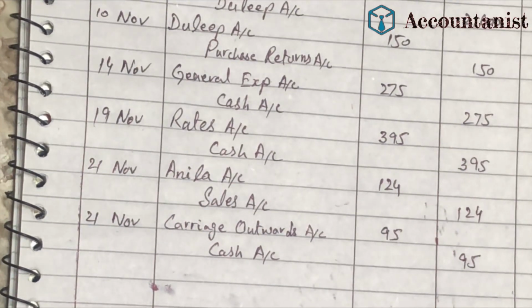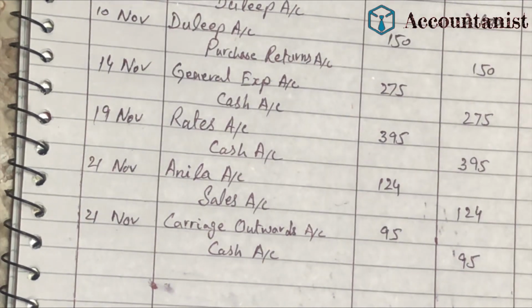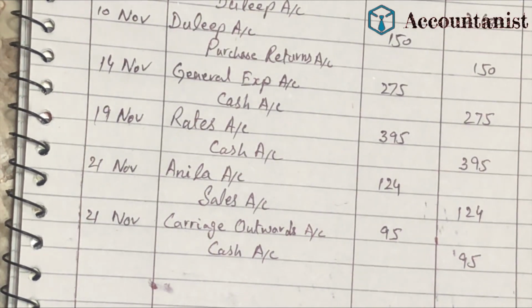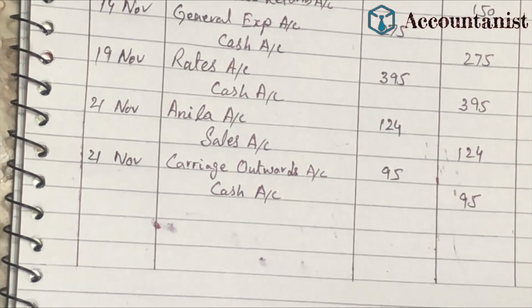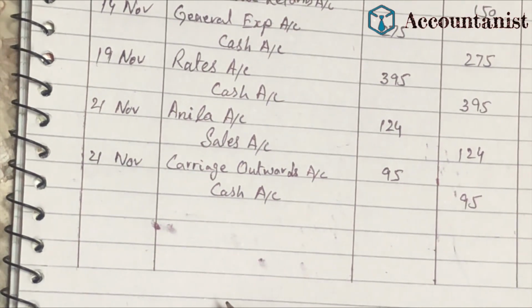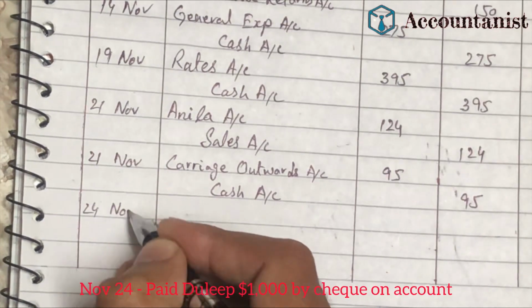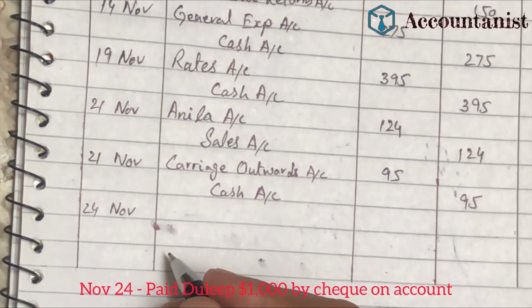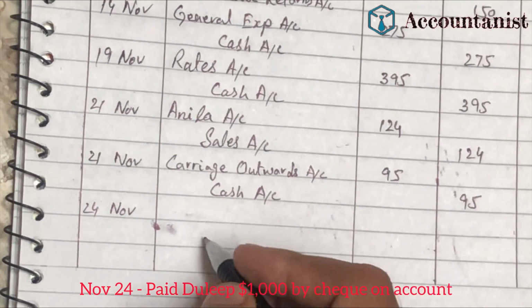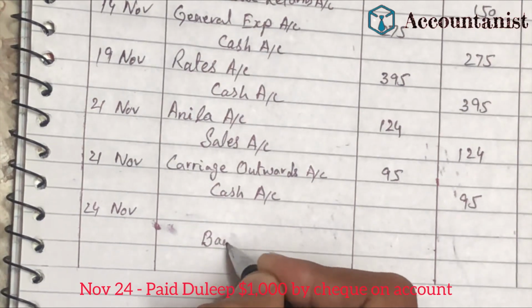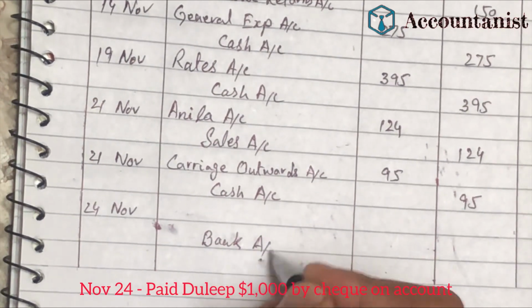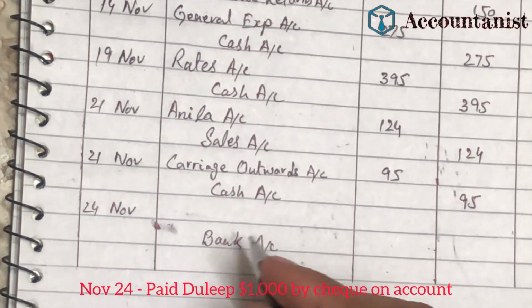So the next transaction we have here is on the 24th of November. We paid Tulip $1,000 by check on account, which means our bank account is going to be reduced.